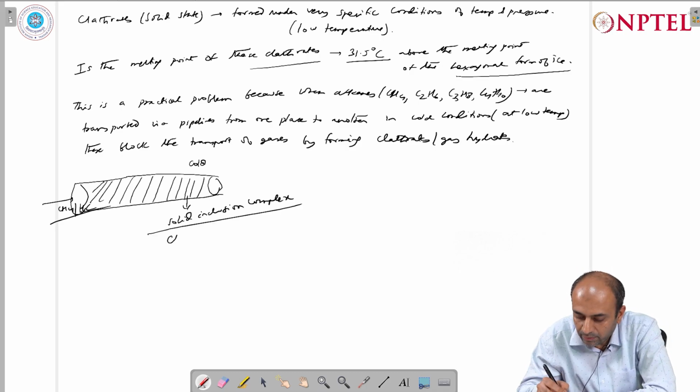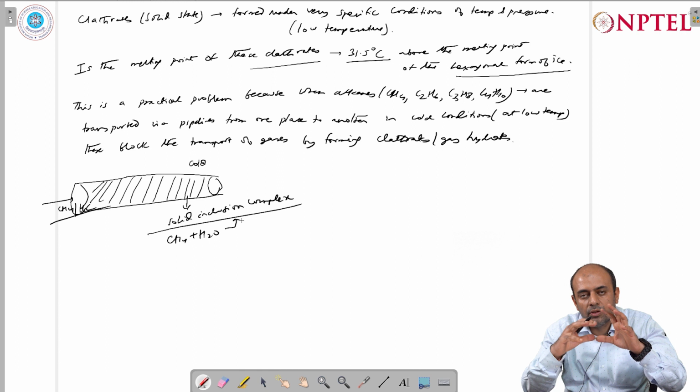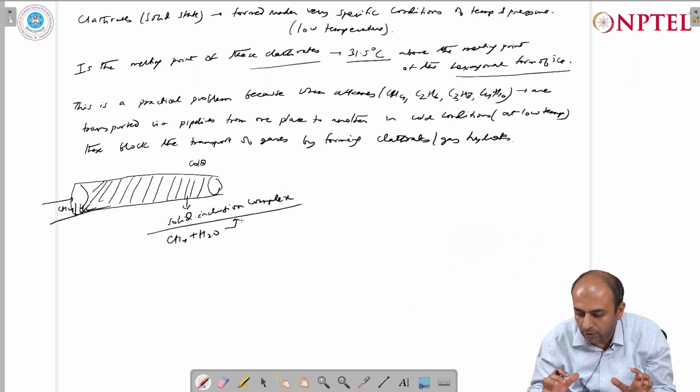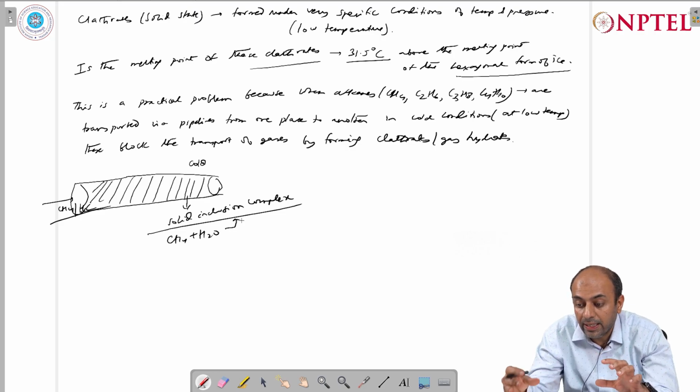So methane plus water forms this solid state inclusion complex, where water has a parent structure and methane gets included into the voids created by the structure of water, and these essentially have a very high melting point.